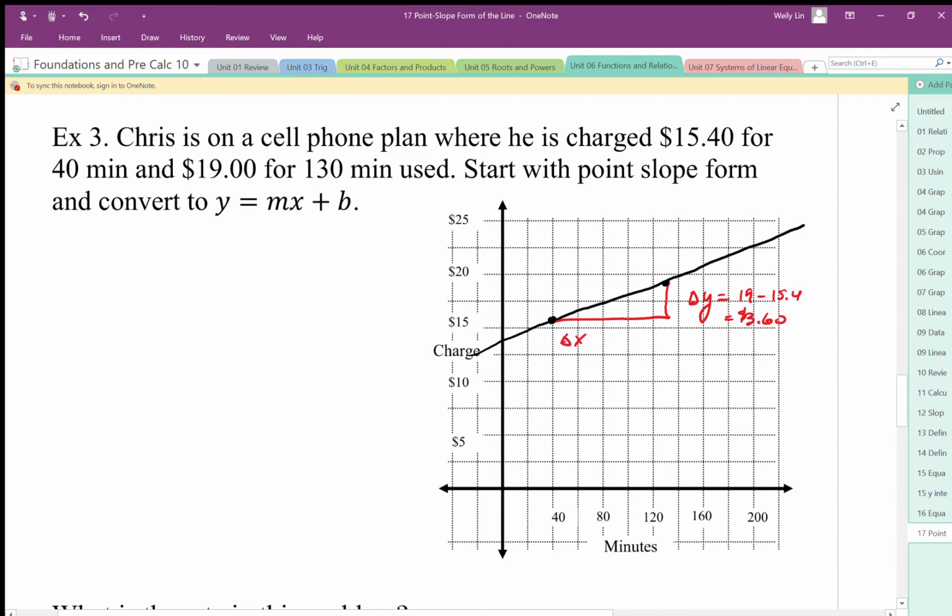And this happened when I increased my minutes from 40 to 130, or I increased it by 90 minutes. So my slope is going to be $3.60 over 90 minutes.